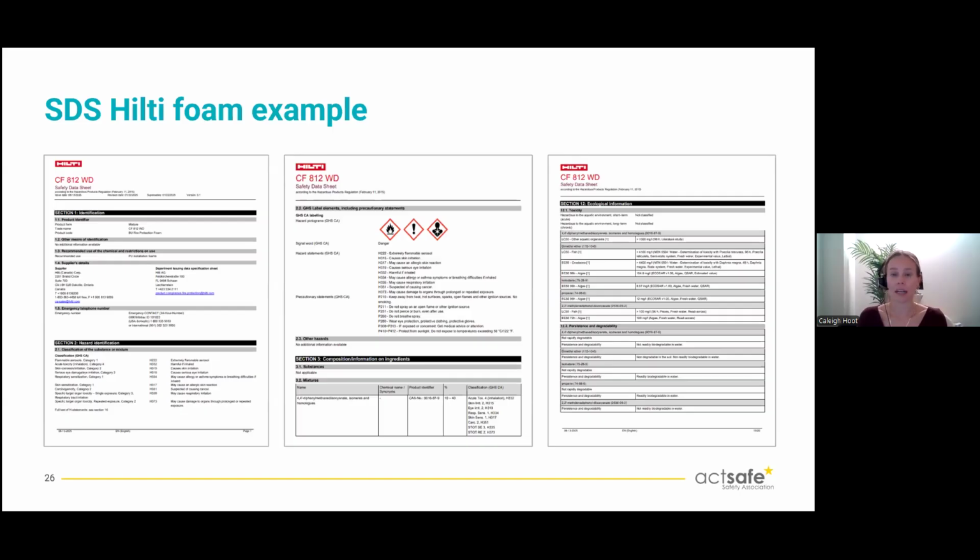If you have a health and safety committee or a health and safety specialist on your team, you can call an occupational hygienist, you can call WorkSafe BC, you can call us here at ActSafe, heads of departments, supervisors. I just want to get the point across that these are not easy documents to interpret and they do not feel straightforward. So it's really okay to ask for guidance, ask for help if you're unsure, and then take a course like this so we can all learn the benefits of knowing your SDSs.